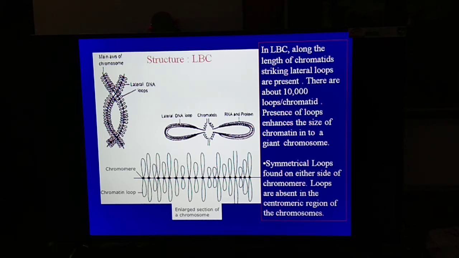Presence of these loops enhances the size of chromatin into a giant chromosome. Symmetrical loops are found on either side of chromomere. Loops are absent in the centromeric region of the chromosomes.